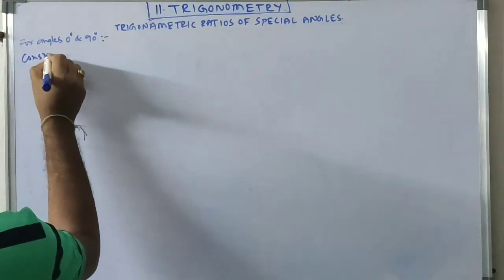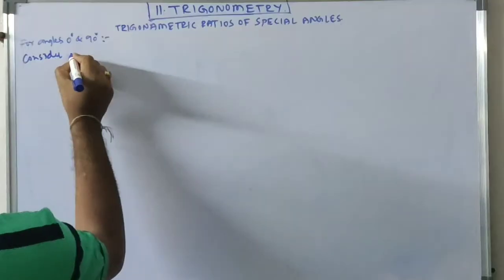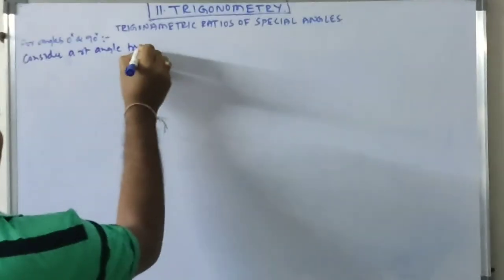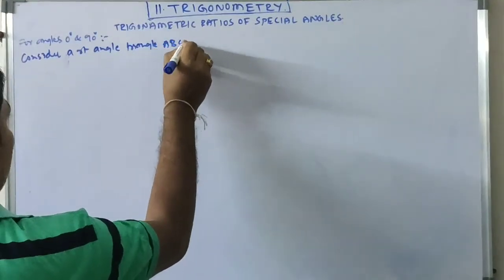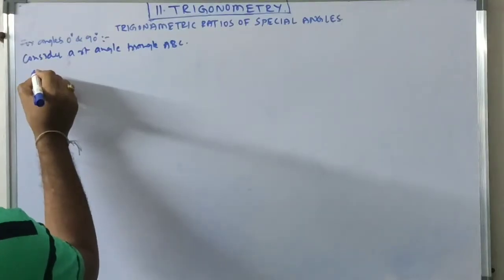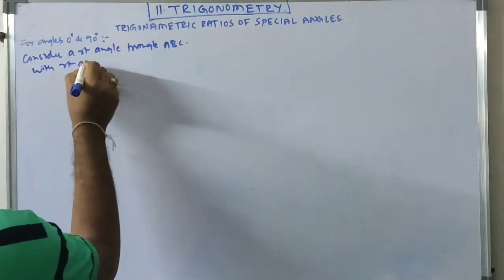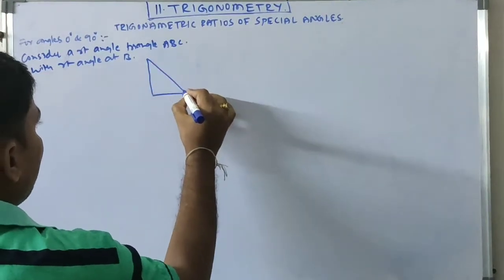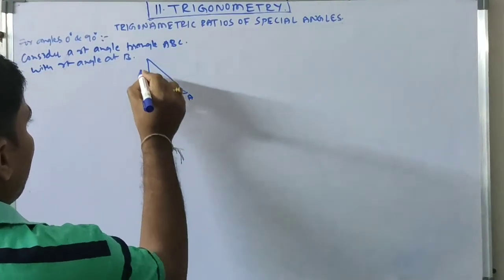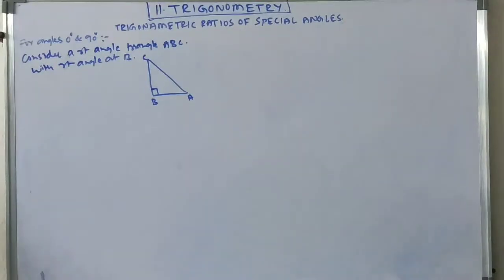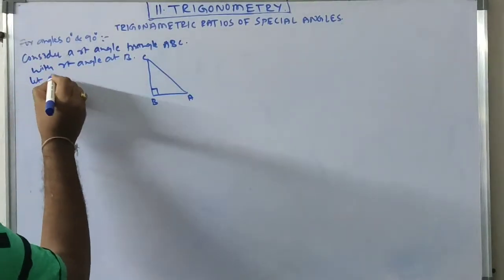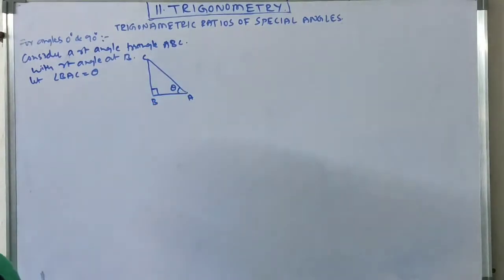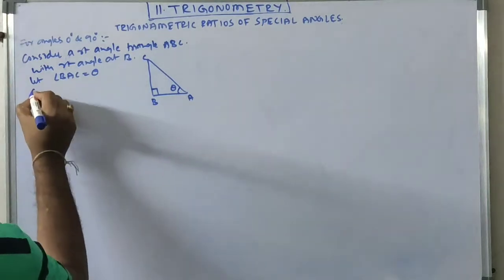Consider a right angle triangle ABC with the right angle at B. Let angle BAC equal theta.